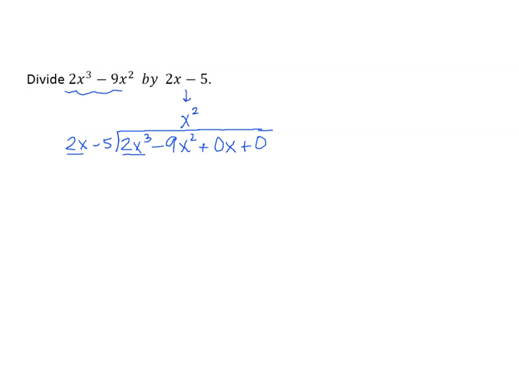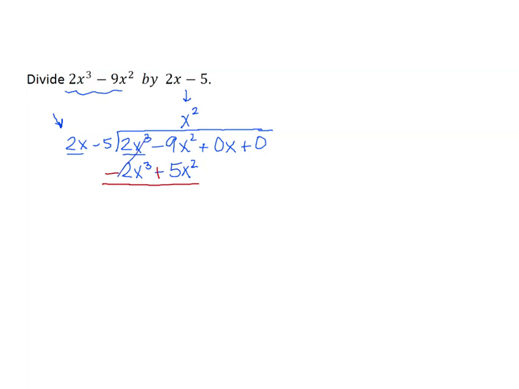Multiply this x squared times my divisor, and I get 2x cubed minus 5x squared. And of course, my favorite part is next. Draw the line, change the signs. After we do that, we're combining like terms by adding, so these will cancel.